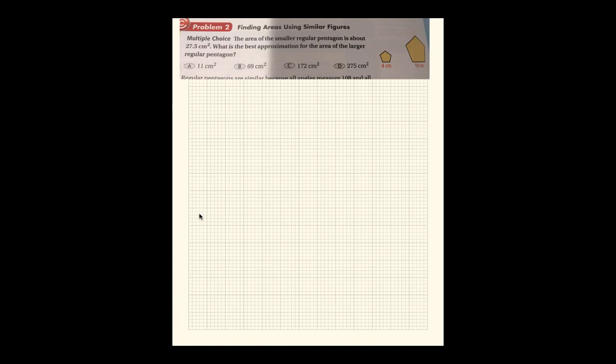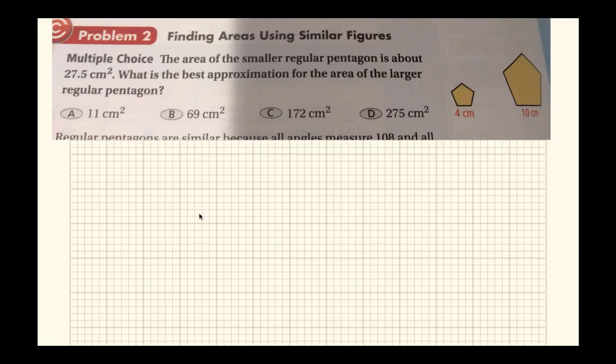So, what can we do with this information? Well, let's take a look at this problem here. It says the area of the smaller regular pentagon is about 27.5 centimeters squared.